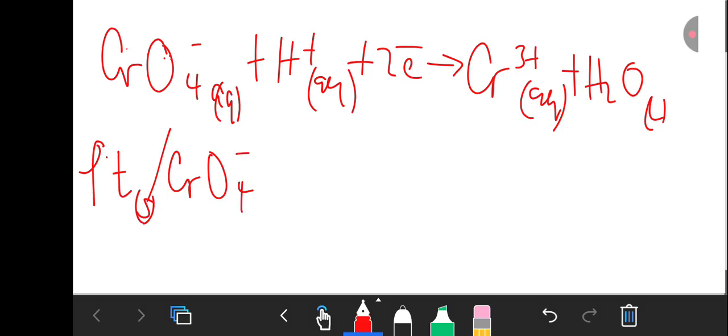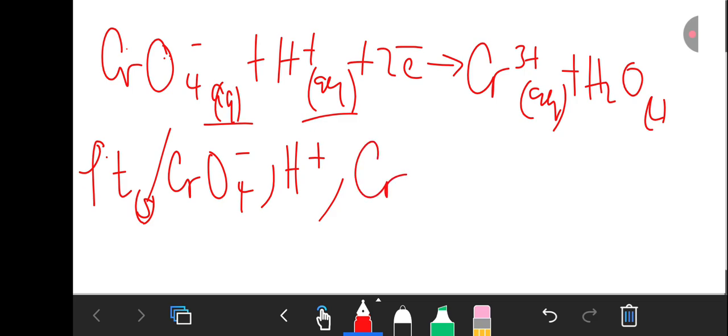Now to separate these two, you don't need to write the two lines. You need to put a comma because these two are in similar state. Then you write hydrogen ion, then you put another comma, since all these are in a similar state.